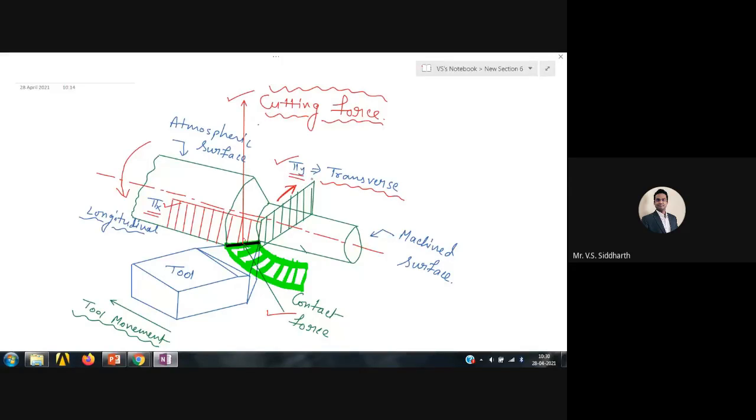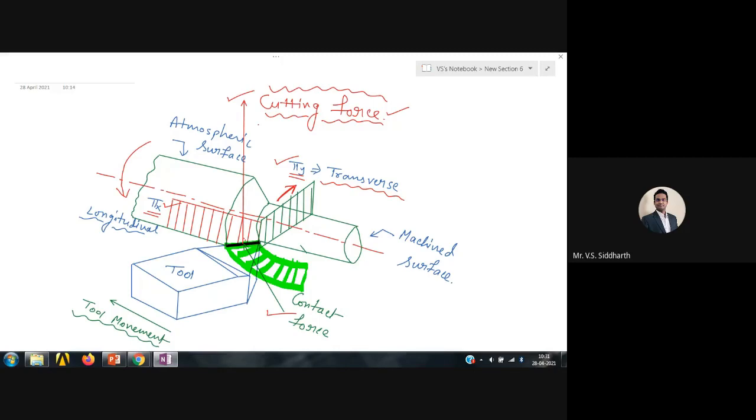But when you do the machining, the two forces coming into play, the cutting force and the contact force, are not acting in any of the planes of the machine reference system, neither in the x plane nor in the y plane. You clearly see that these two forces are not in any of the planes.